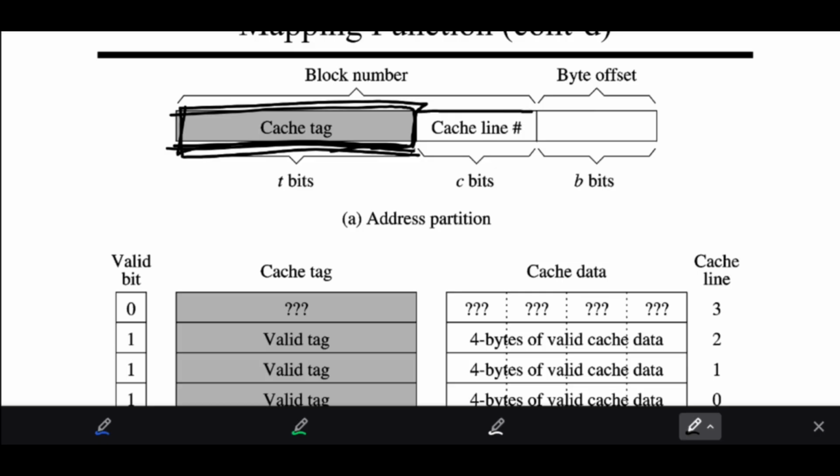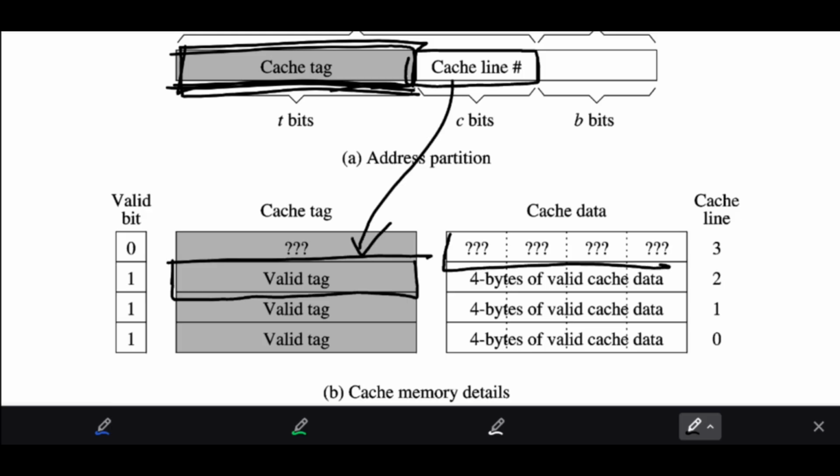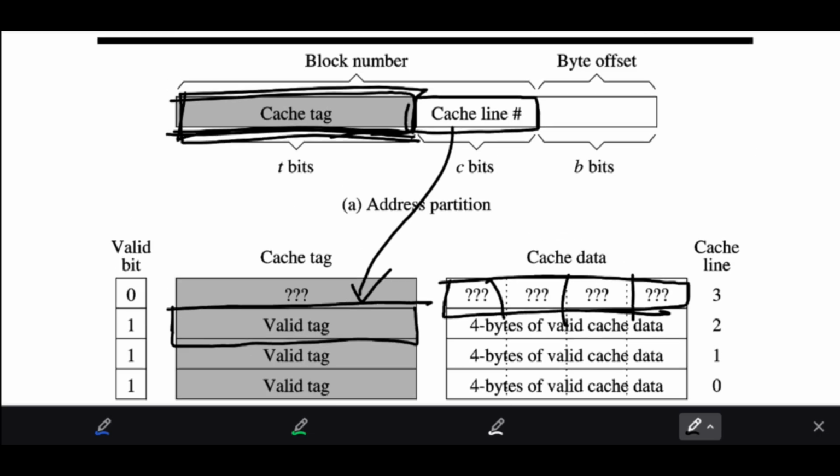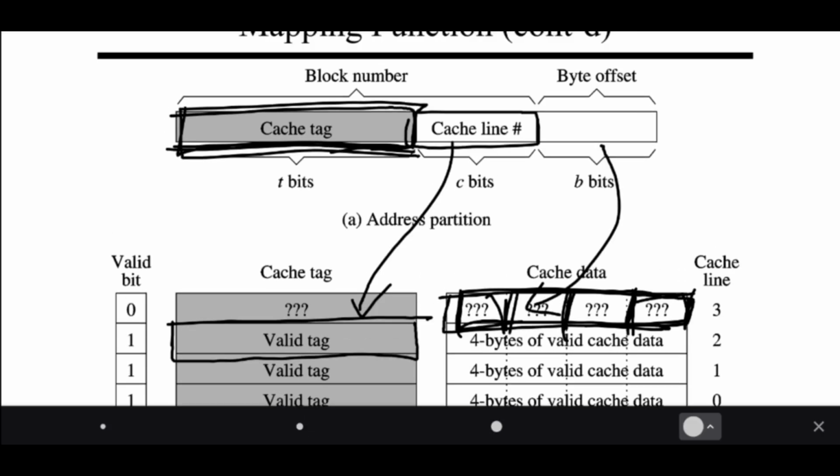This is the cache line, and this is the cache line address. In the line there are 4 words, and each word's address is a byte offset. Byte offset means the address of the byte; each byte has a different address. It's clear.